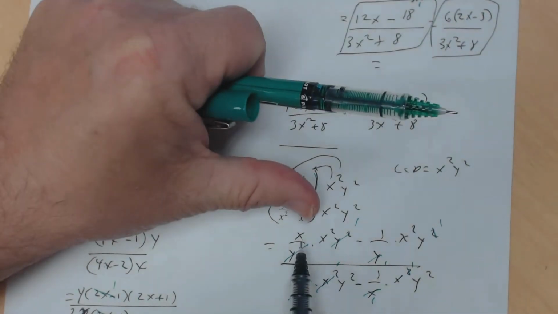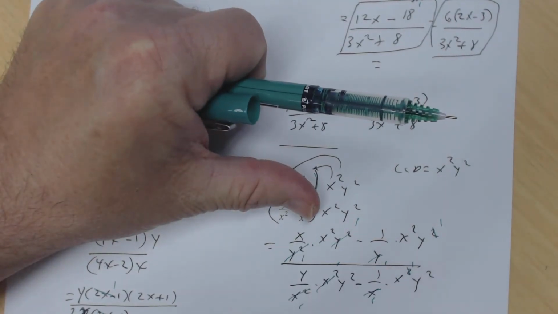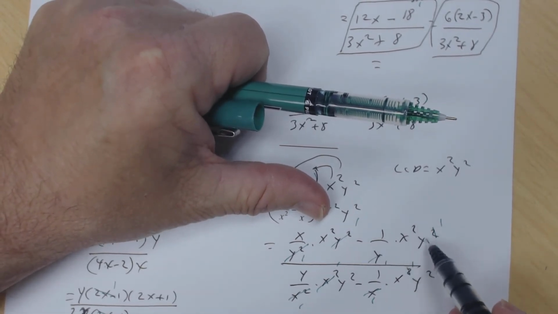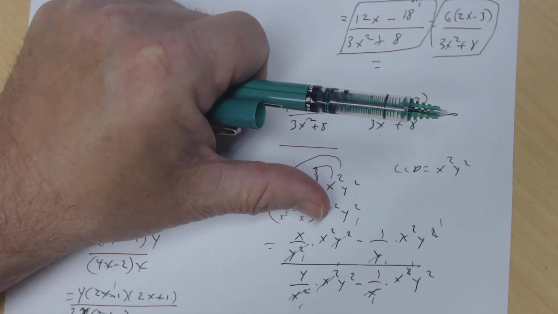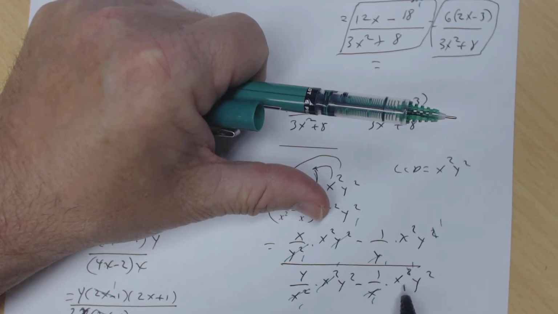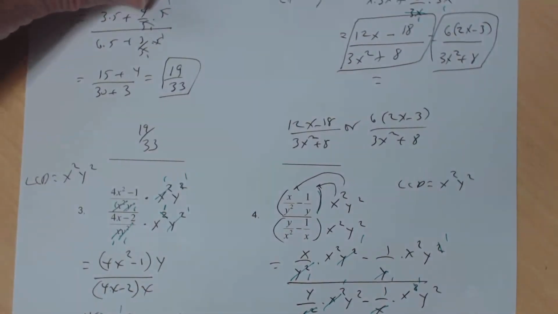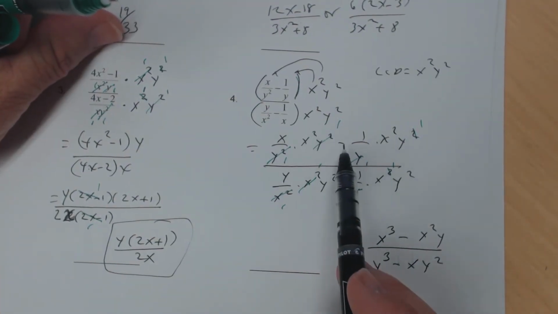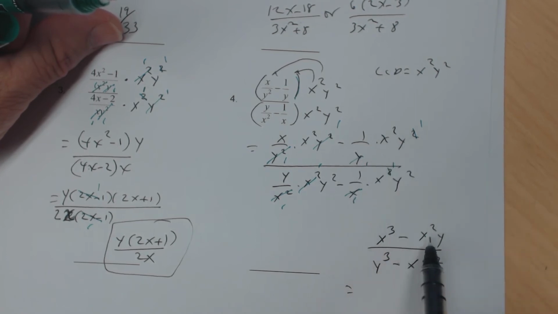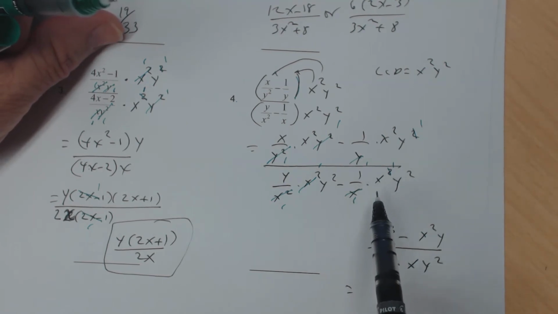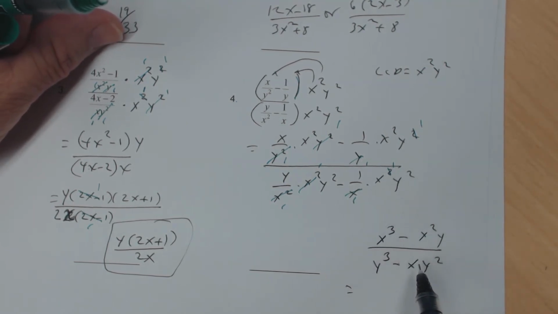So now what you're going to have is this: x times x squared, which is x cubed, minus x squared times y, which is x squared y, over y times y squared, which is y cubed, minus x times y squared, which is xy squared.